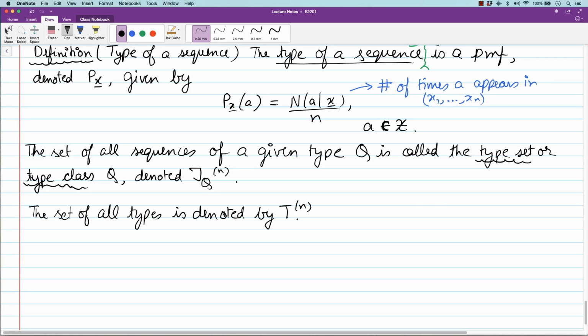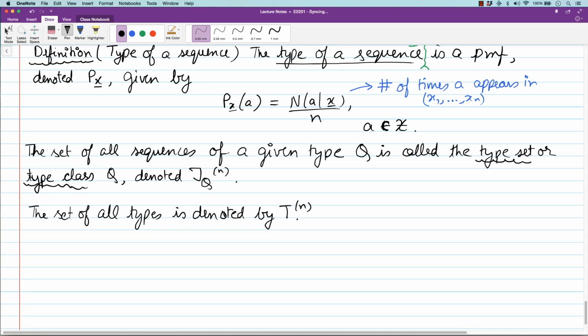Note that while a type is a PMF, every PMF may not be a type, because you need this thing to be rationals. But as you take n larger and larger and take the union over all types for all n, then you cover all the PMFs. But this point is not very important for this course.